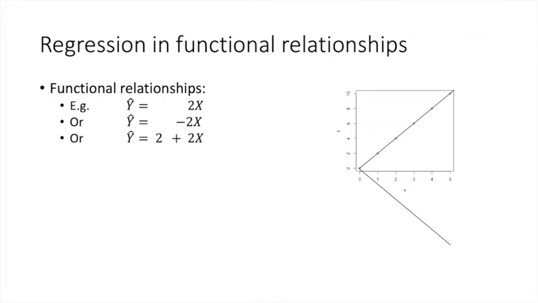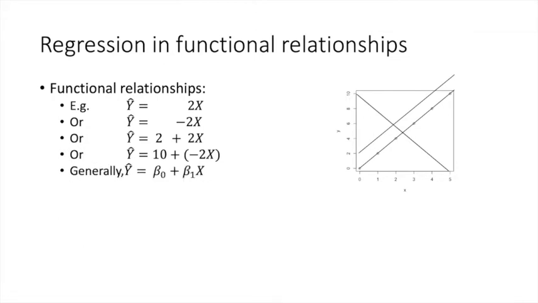Similarly, 2 plus 2x looks like this, and 10 minus 2x looks like this. So these lines have two constants. We can generally say that our linear guess is y hat equals beta naught plus beta 1 times x.